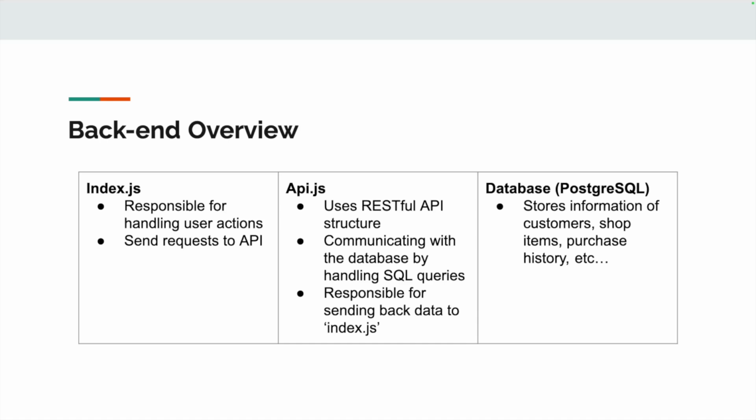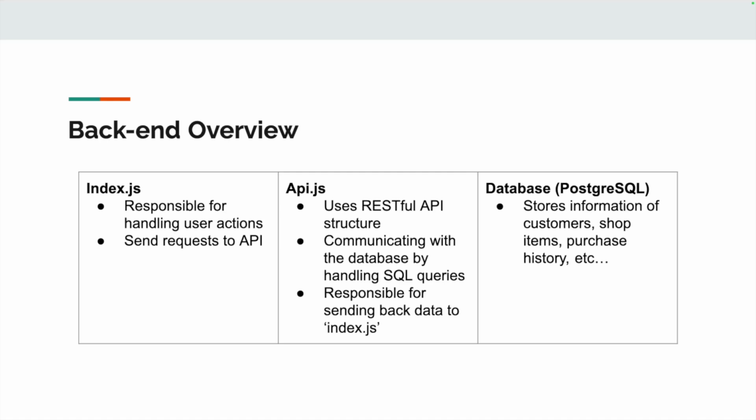Now, the backend overview is the logic, or the stuff that is happening behind the scenes. And I want to start off by explaining the index.js. So all of these three are all backend stuff. And the index.js is responsible for handling the user's requests or their actions.